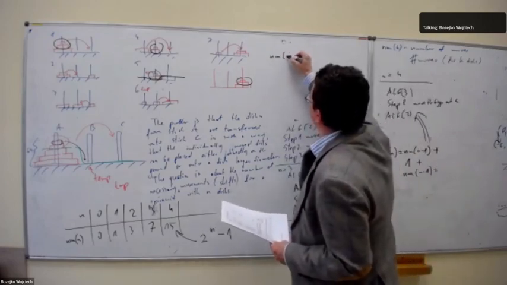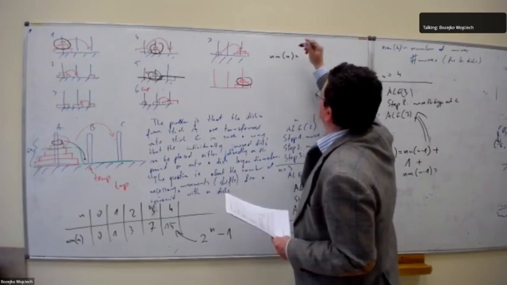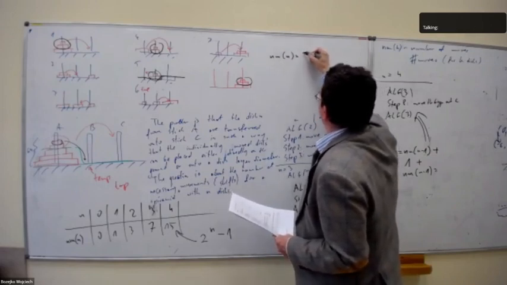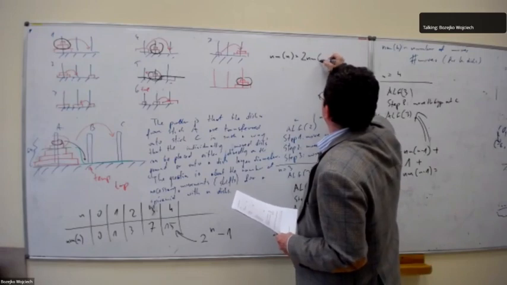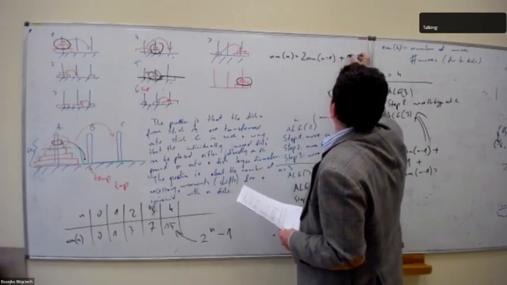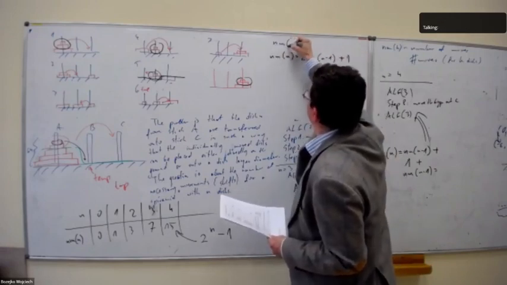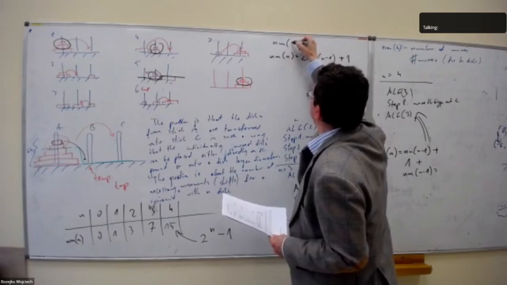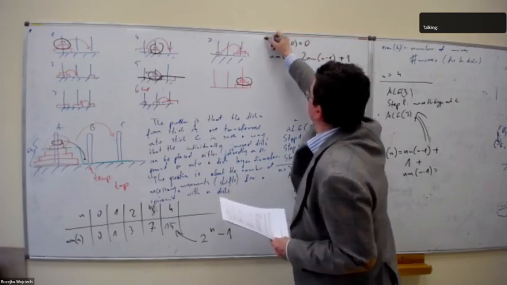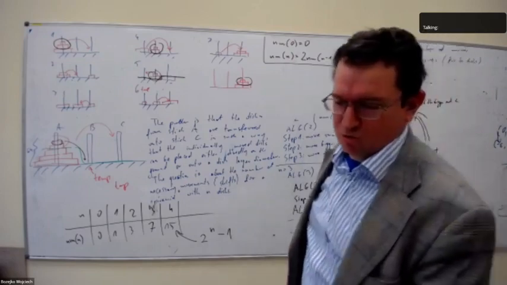Number of moves for n is 2 times the number of moves for n minus 1, plus 1, with the initial condition that the number of moves for 0 is 0.